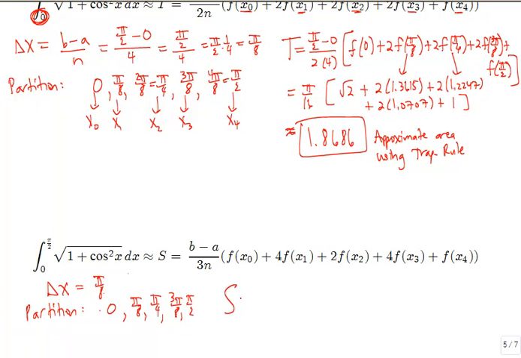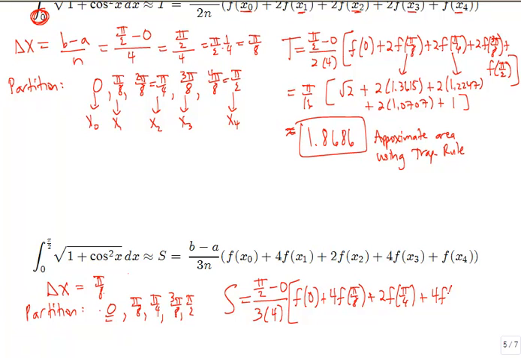So for Simpson's rule, this is just going to become pi over 2 minus 0, that's my b minus a, over 3 times 4, and we're going to multiply this times f of x sub 0, which is the 0 right here, plus 4 times f of pi over 8, plus 2 times f of pi over 4, back to 4 times f of 3 pi over 8, and then just 1 times f of pi over 2.